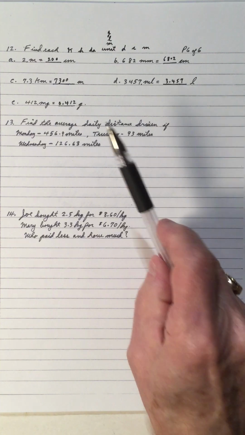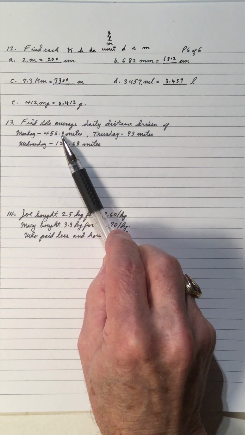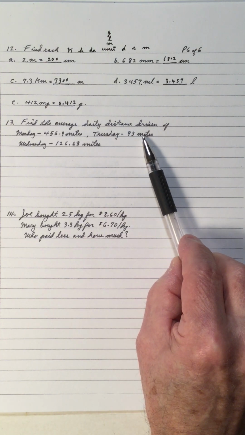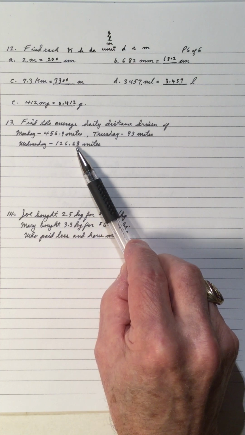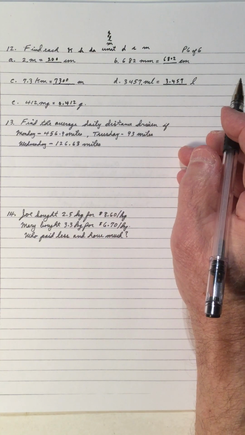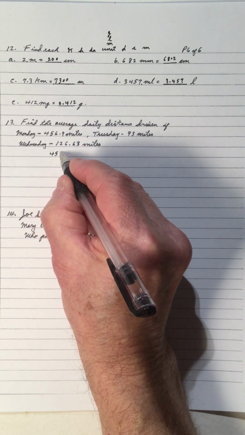Number 13, find the average daily distance driven if on Monday you drove 456.9, Tuesday 93, Wednesday 126.63, and we want the average daily. So the average means you have to add them all up.